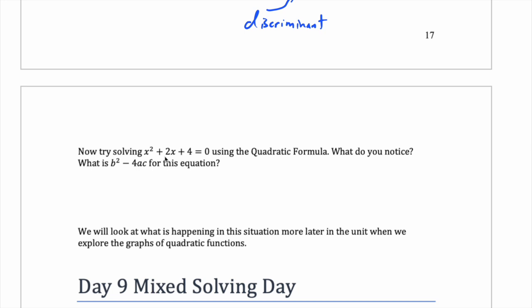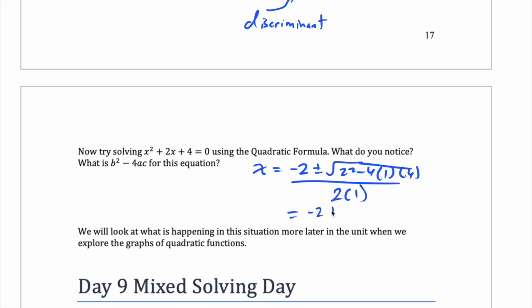Okay, next, this last one here. Let's get the solutions. X equals negative 2 plus or minus root 2 squared minus 4ac, divided by 2 times 1. Now here we get negative 2 plus or minus, and this is 4 minus 16, which is negative 12, over 2.